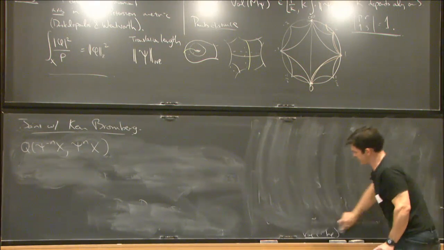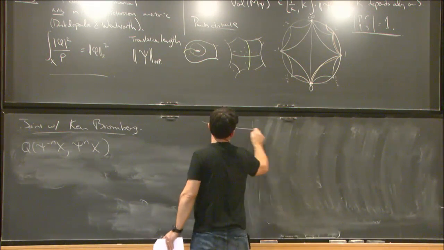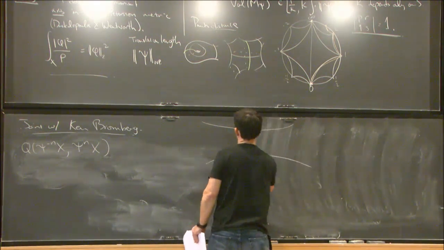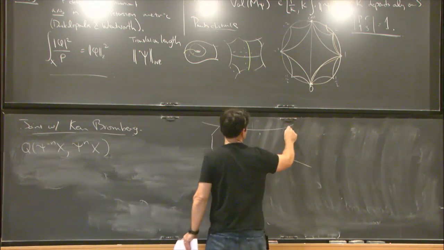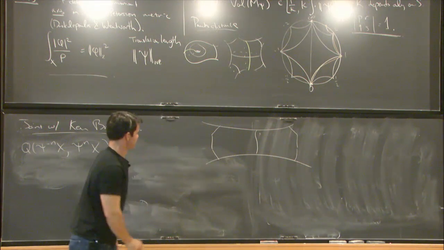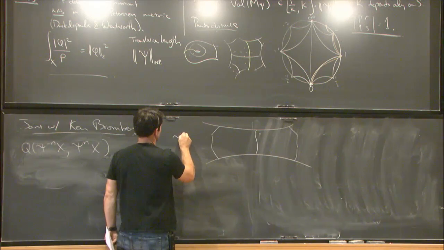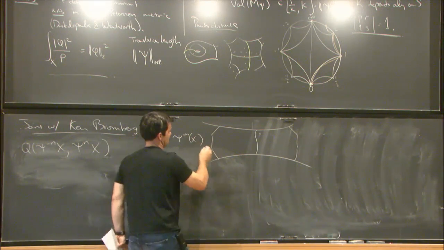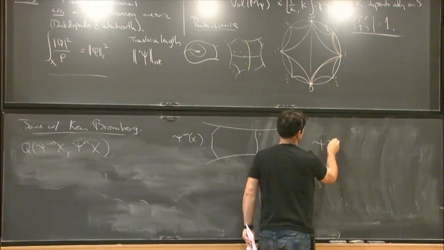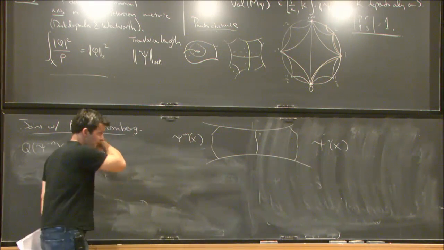Okay, so these are the bare simultaneous uniformizations of a pair of Riemann surfaces. We caricature them like so. So there's a hyperbolic 3-manifold with cross-section as surface S and a conformal structure at infinity, phi to the minus n x here, phi to the n psi to the n x here.